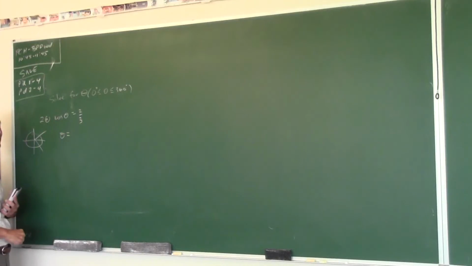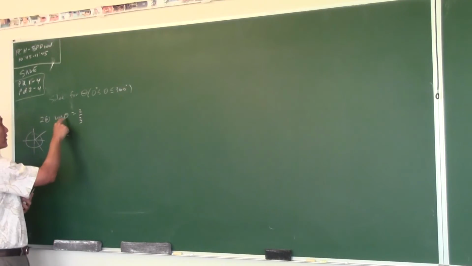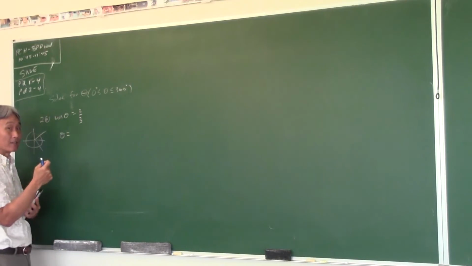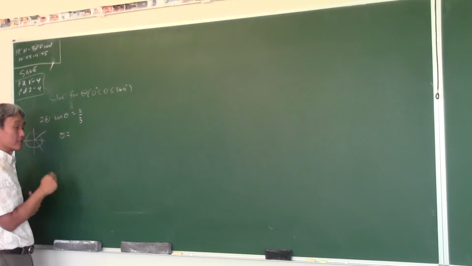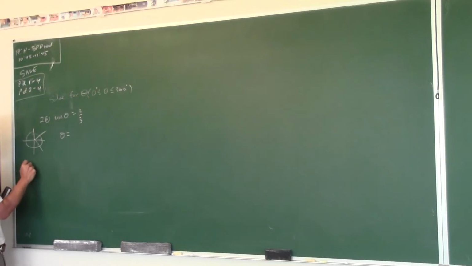Now, how do you get the two answers? Well, first you get the reference angle. Now remember, how do you figure out the cosine of what angle is 2/3? This is what you punch in on your calculator: cosine inverse 2/3. This will give you the angle in the first quadrant whose cosine is 2/3.